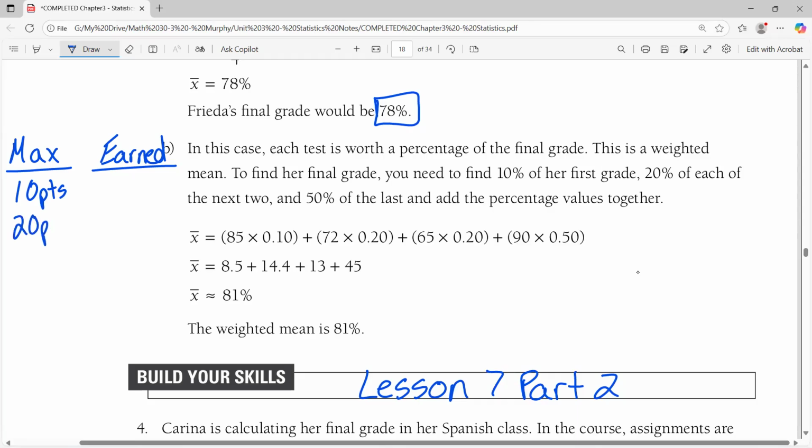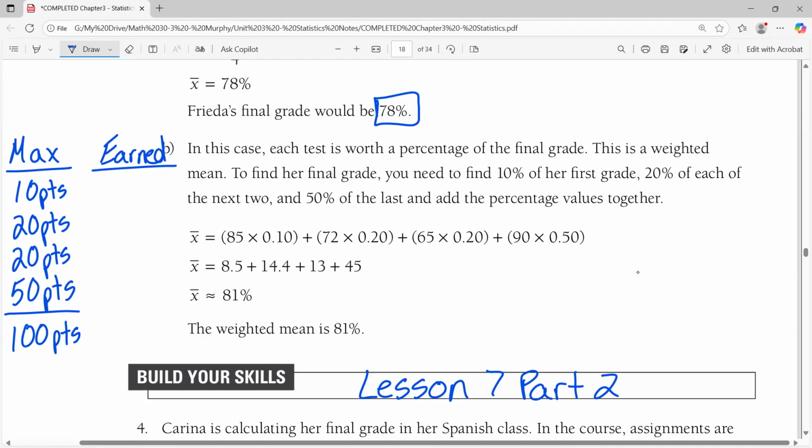Then 20, then 20, because that's the other 20%. And then the 50% is worth 50 points. And at the end of the day, if you got 100% on all 4 of those, you would have earned 10, 20, 20, and 50 points and got 100% or 100 points.